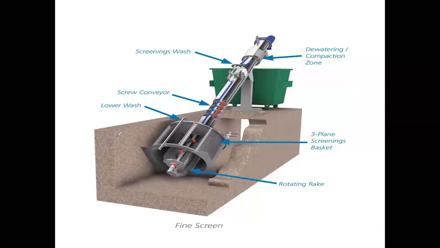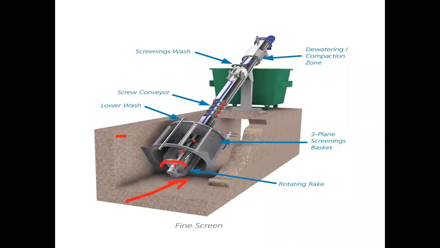This is a chamber where the water is flowing in this direction, and the grit removal instrument is arranged in this chamber; that entire arrangement is called the grit chamber. This screw conveyor keeps rotating continuously in one direction.